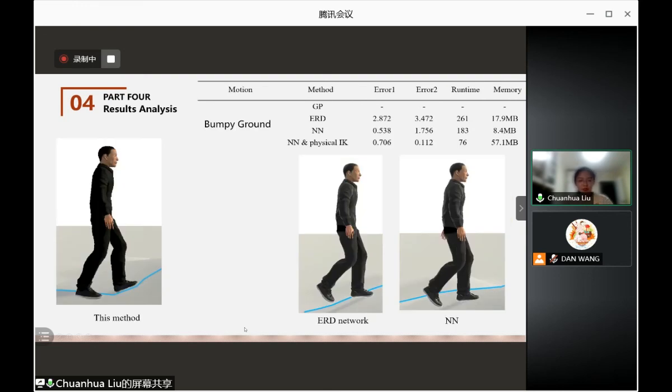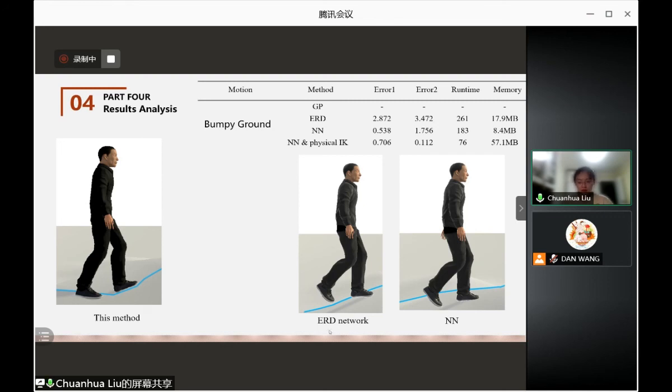Because the Gaussian process method uses a lot of memory, we tried the bumpy ground without the Gaussian process.